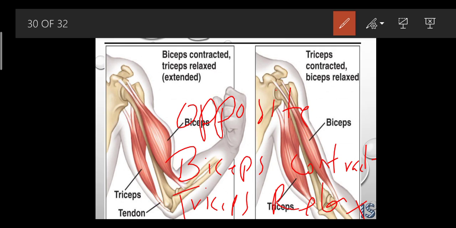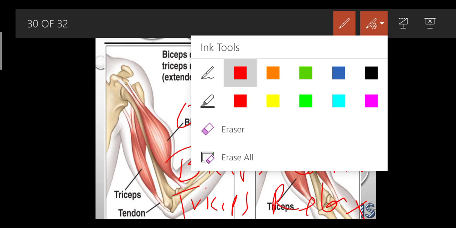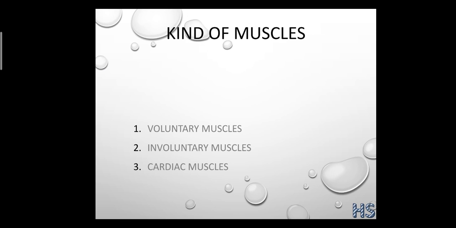If one of the muscles contracts and the other relaxes, they are called antagonistic muscles. The same happens in your leg region also. This shows opposite movements: one contracts, the other relaxes. That is why they are called antagonistic muscles.